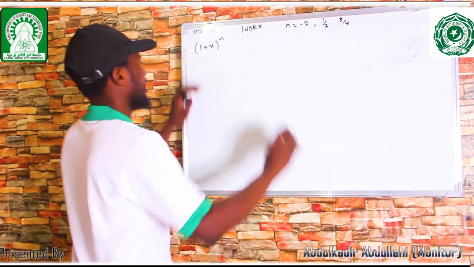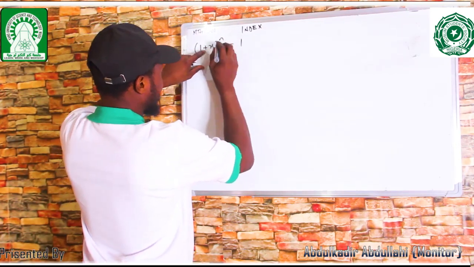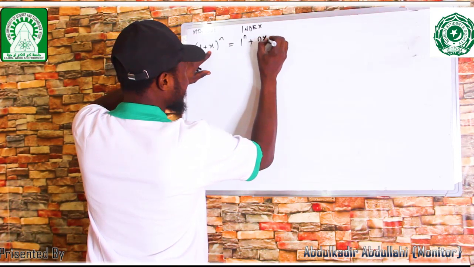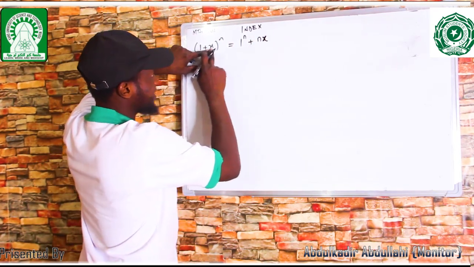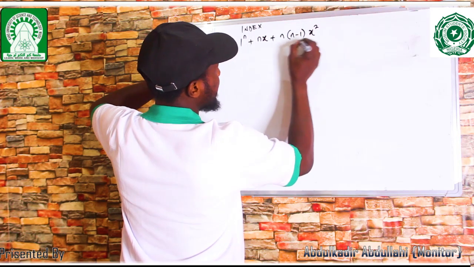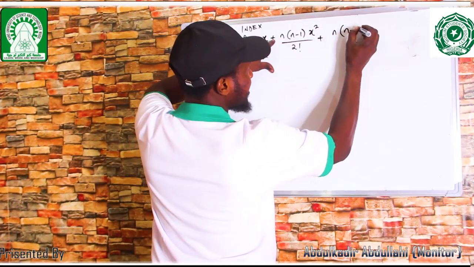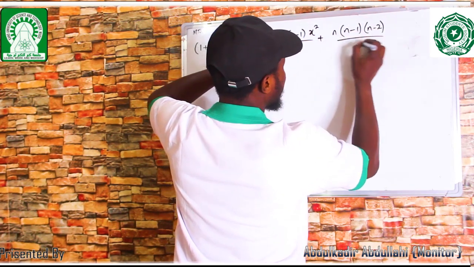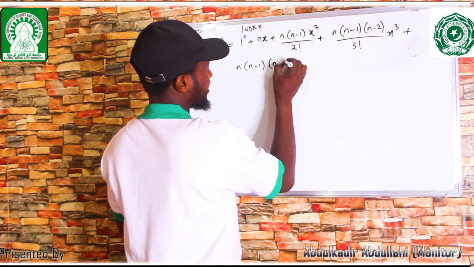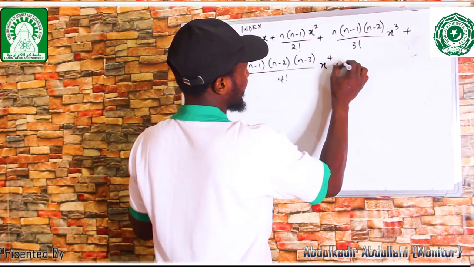We are having expansion of something like this, and 1 plus the number is just 1 power the number, then plus n multiplied by x, plus n into n minus 1, then x square divided by 2 factorial, plus n into n minus 1, n minus 2 over 3 factorial x power 3, plus n into n minus 1, n minus 2, n minus 3 over 4 factorial, then x power 4, plus.